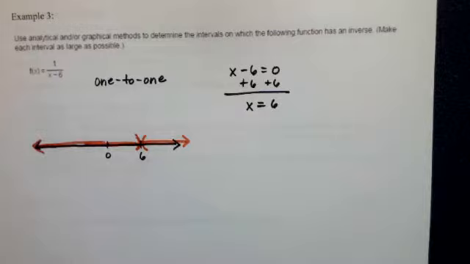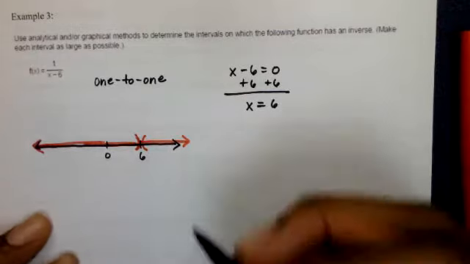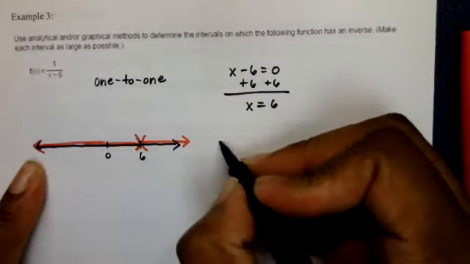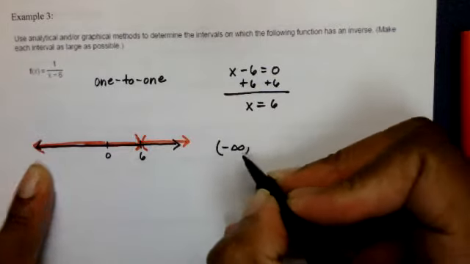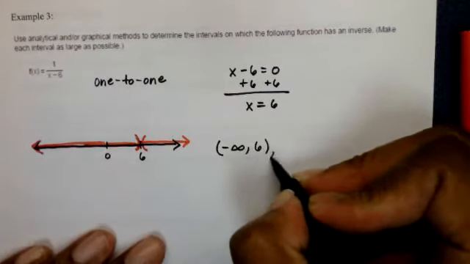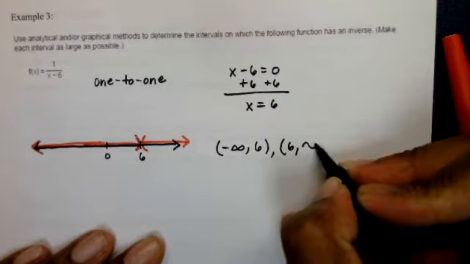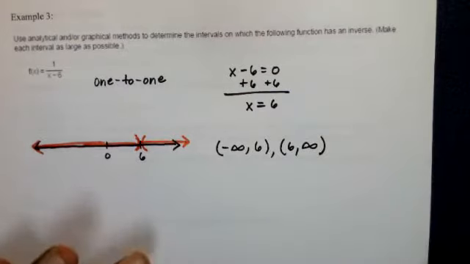So the interval notation for our domain, from left to right, would be from negative infinity up to 6, and also from 6 to infinity. Those are the intervals where we would have an inverse for this particular function.